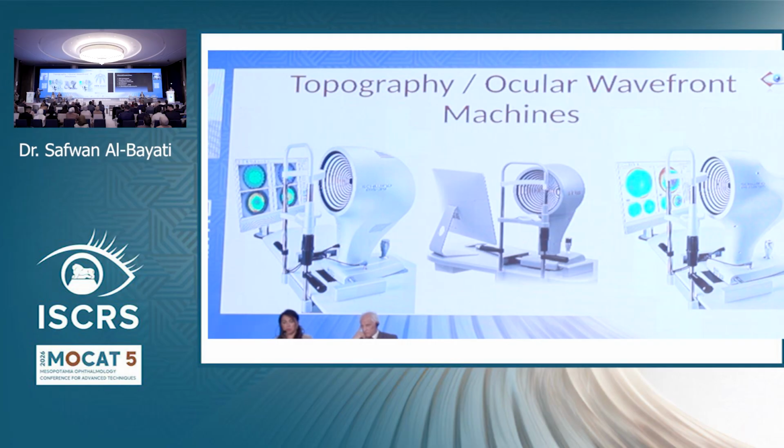But when we compare to Pyramis, which is an ocular wavefront, Pyramis has a Placido disc, all of them have a Placido disc, but in addition to the Placido disc, it has the ocular wavefront, and mathematically they do the calculation for the total corneal power.